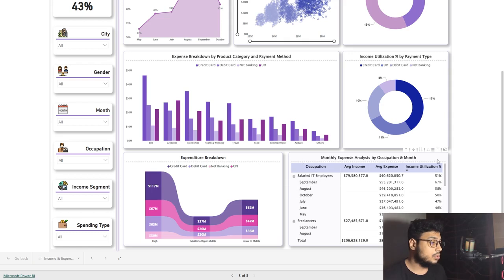Here is also a table that shows monthly expense analysis by occupation and month. Salaried IT employees have the highest average income utilization, 51%. Freelancers have 46% income utilization. This means the salaried IT employees have more tendency to use credit cards.